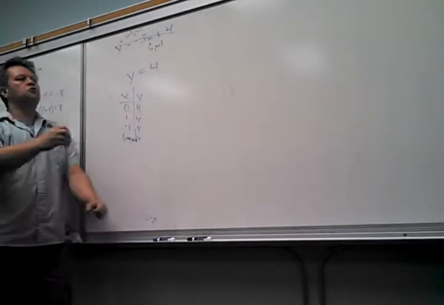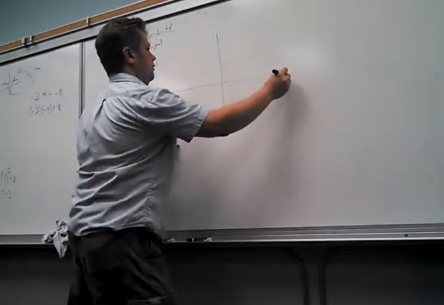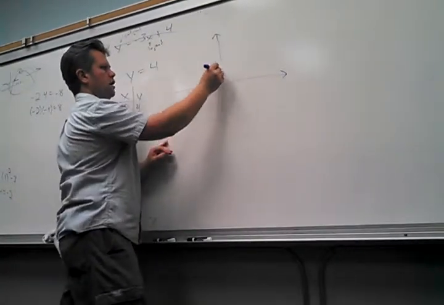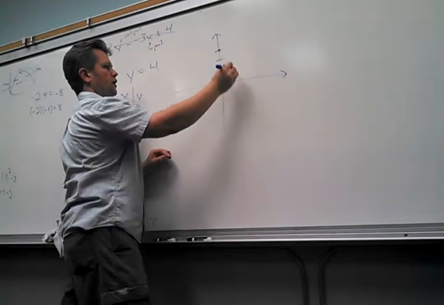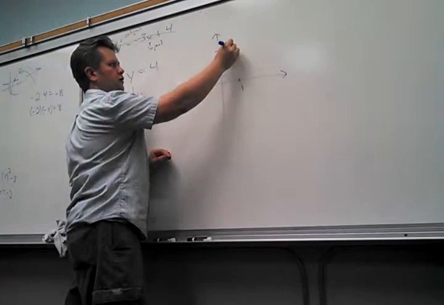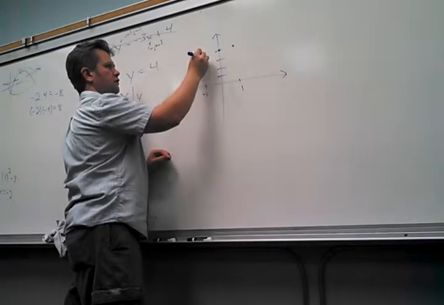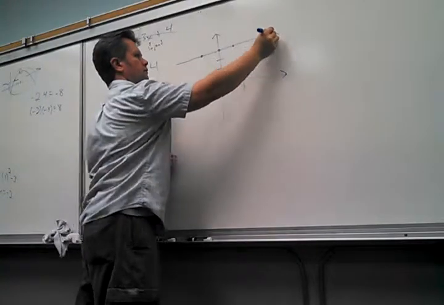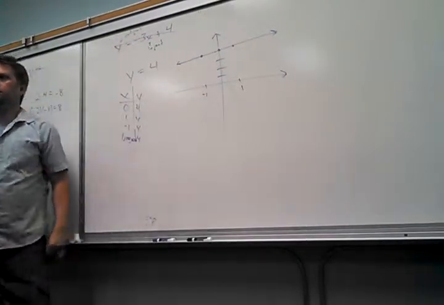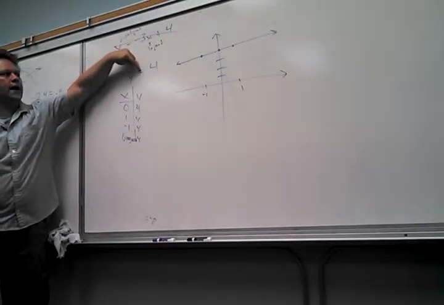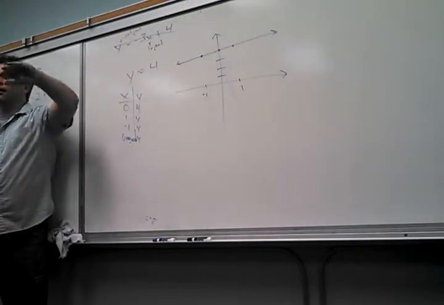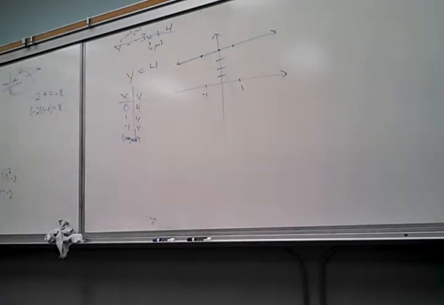So how do you graph this? Well, when x is 0, y must be 4. When x is 1, 4. When x is negative 1, 4. So it looks like that. Think about it. X tells me how much to go left and right.